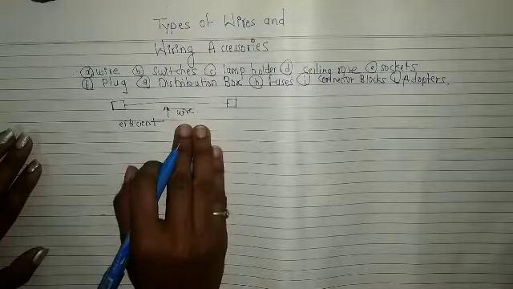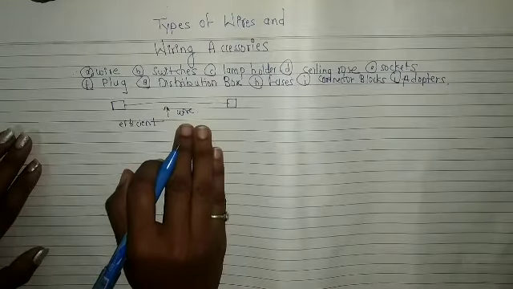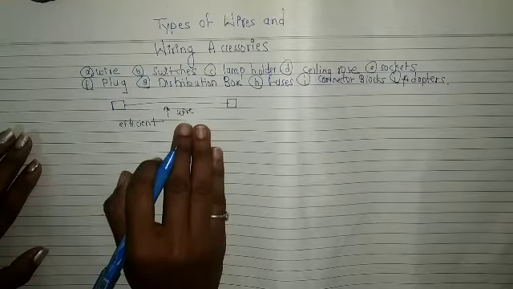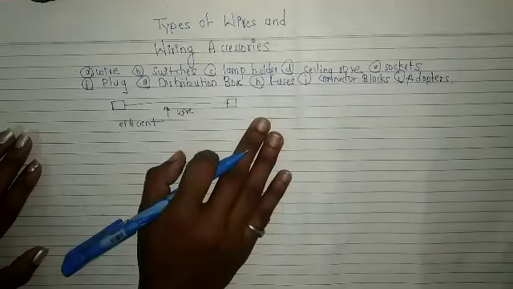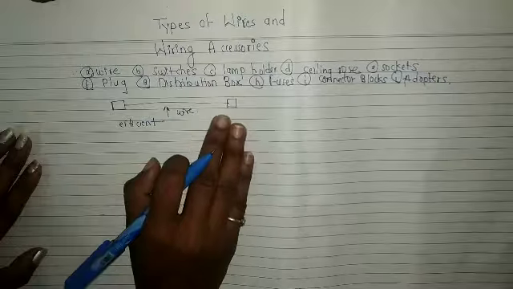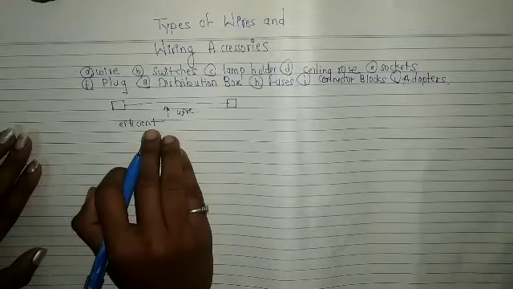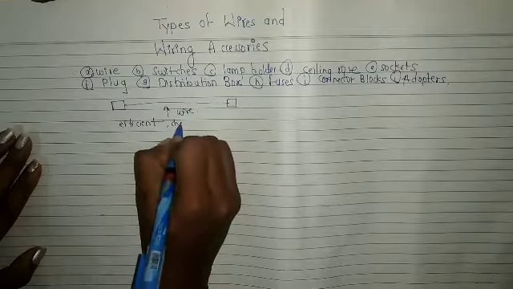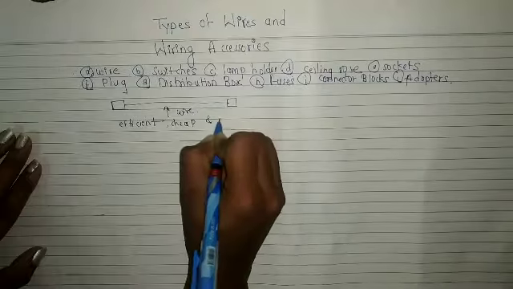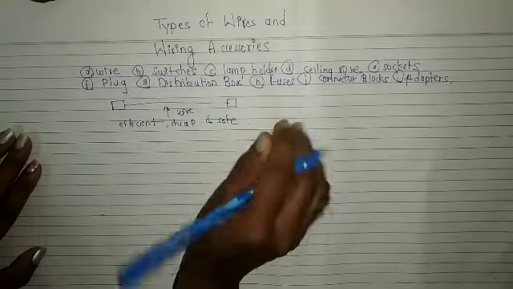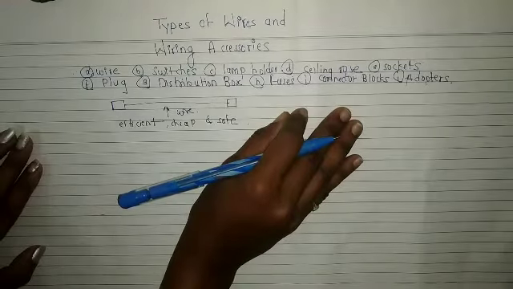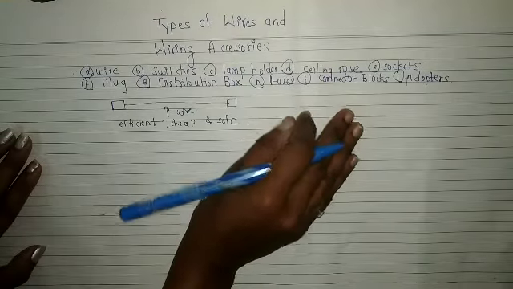It must be efficient, it must be cheap, and it must carry electricity safely. Okay. So these are the necessary requirements of wire. Wire should be efficient, it should be cheap and safe to use.